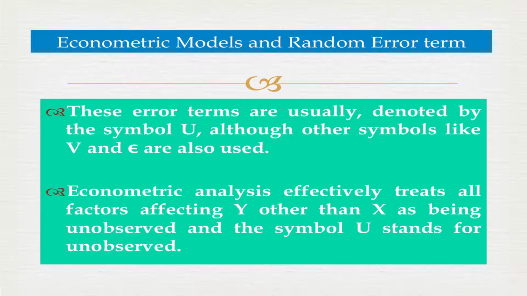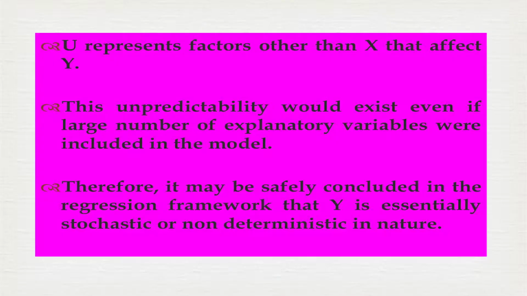Econometric analysis effectively treats all the factors affecting y other than x as being unobserved, and the symbol u stands for the unobserved. u represents factors other than x that affect y. This unpredictability would exist even if a large number of explanatory variables were included in the model. Therefore, it may be safely concluded in the regression framework that y is essentially stochastic or non-deterministic in nature.